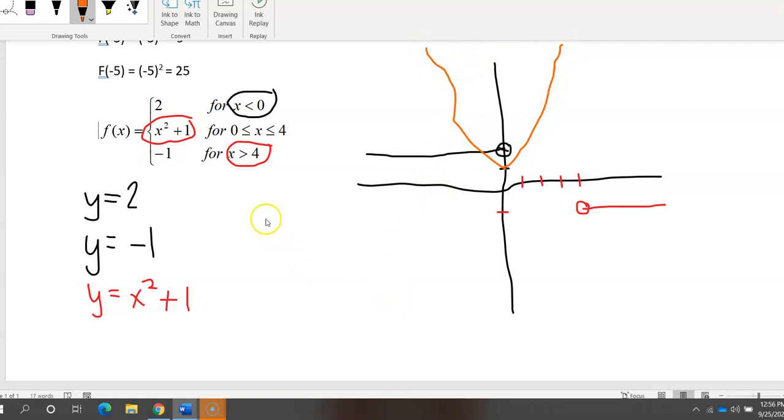Okay, now we need for our x values to be between 0 and 4. In other words, here's 0, here's 4. I only want the part of this orange graph that's between those two values. So I need to get rid of the left side. So I will, hey, what do you know? All right. And then these both have equal signs.